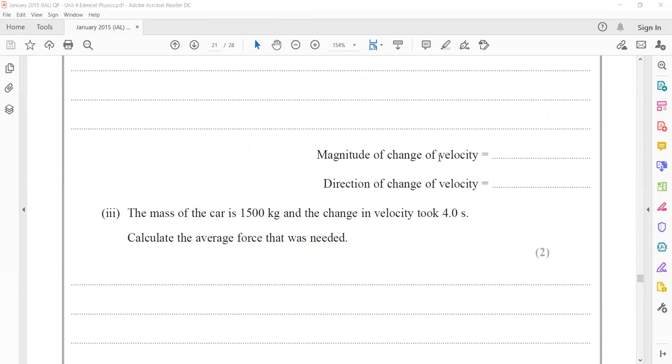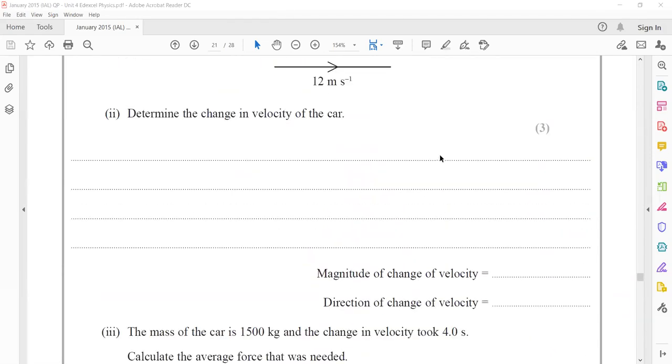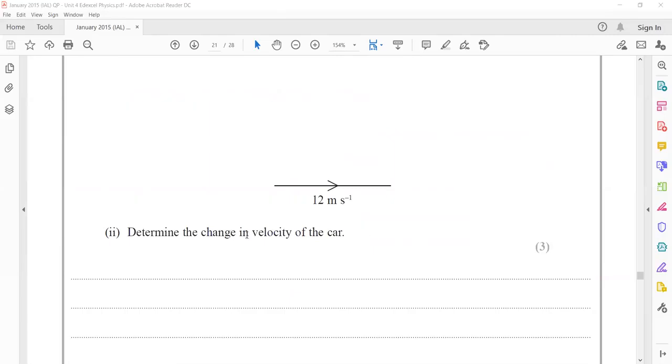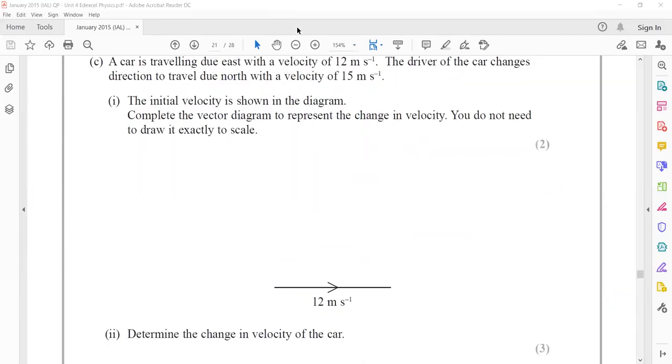And then we have to determine the change in the velocity and the direction. So how can we determine change in velocity? You have to select a scale. How do we get the scale from this? Using a ruler, you will measure the length of this 12 meter per second.